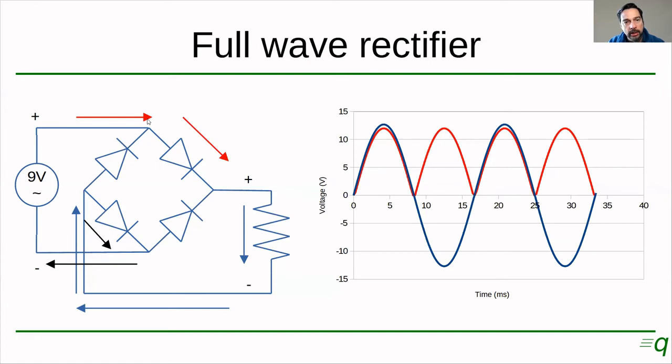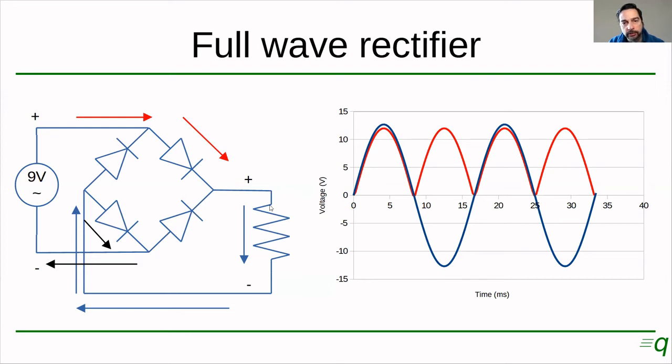And it's not going to flow back through this diode, because this diode is reversed. It's going to block the flow of current. So it will flow this way, following this red arrow.